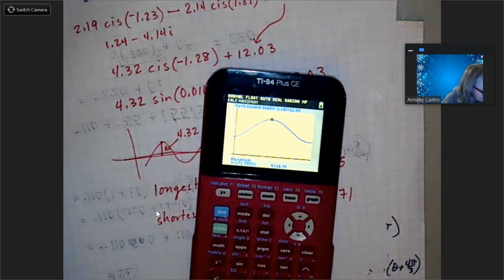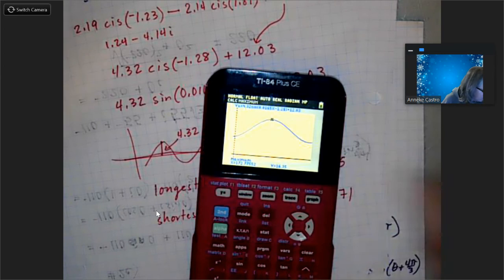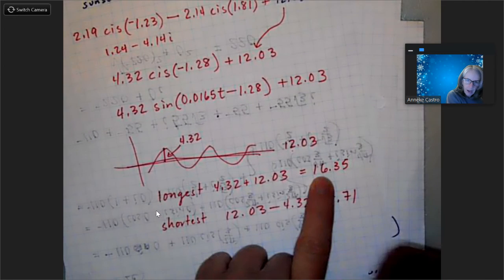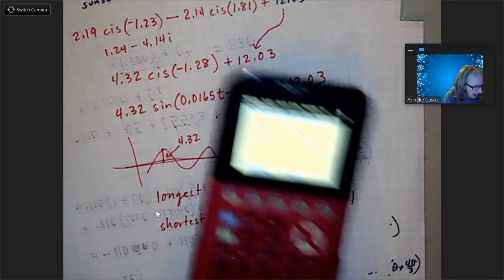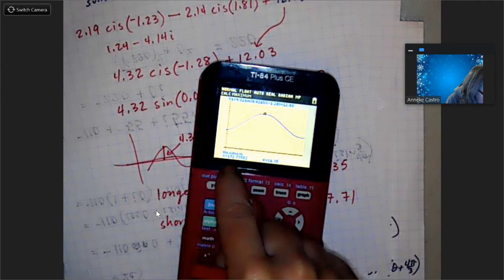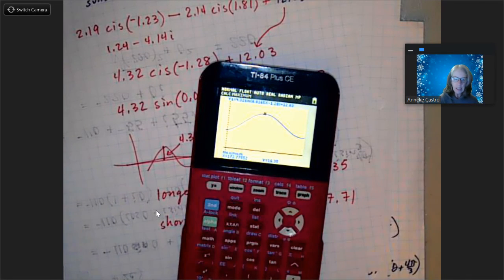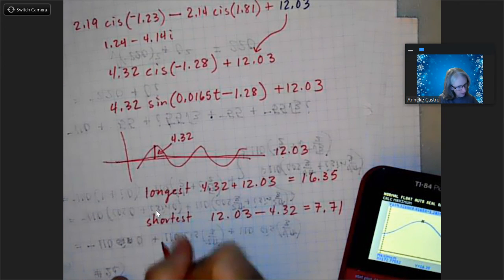And it says y is 16.35, which is what I got by doing it by hand also. That's my maximum number of hours. But when does that happen? On day 172. It says 172.77, so day 172.